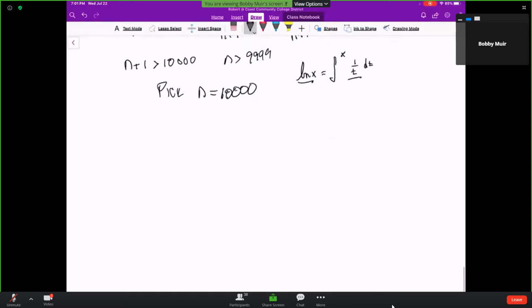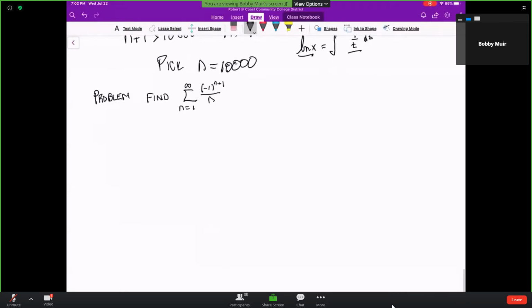Yeah, so here's the problem. I want to find what this sum is: the sum from n equals 1 to infinity of (-1) to the n plus 1 over n. We know it converges. I want to see what it's going to converge to.